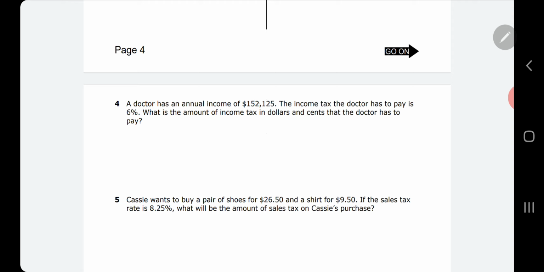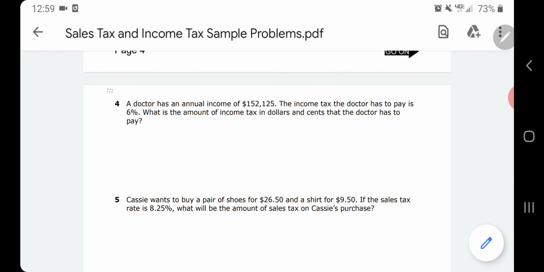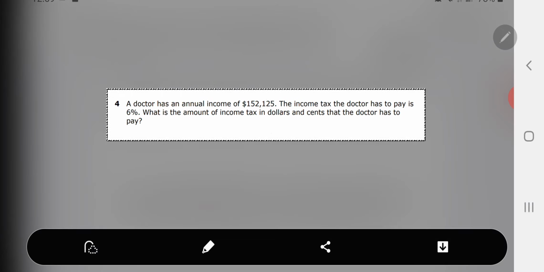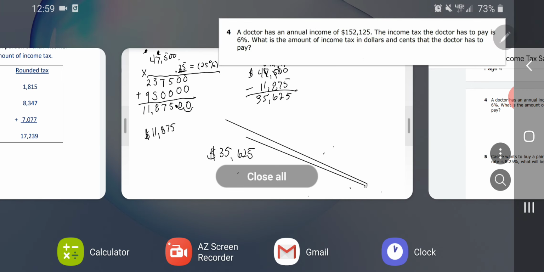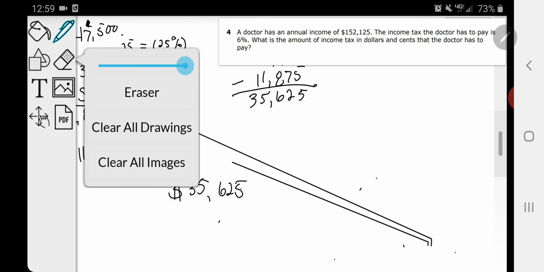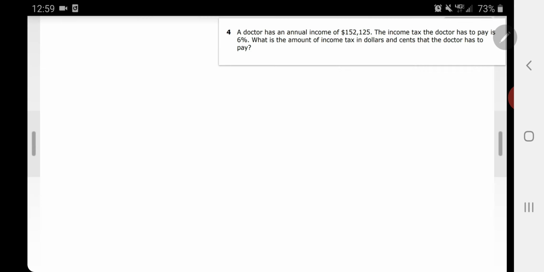So in order to find that, we just take the $152,000 and multiply it to 6%. So $152,125 times 0.06 or 6%.